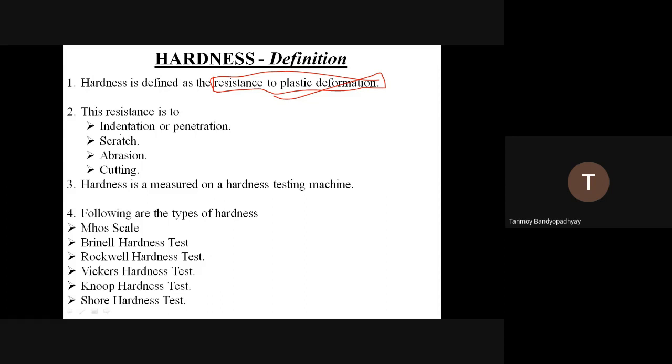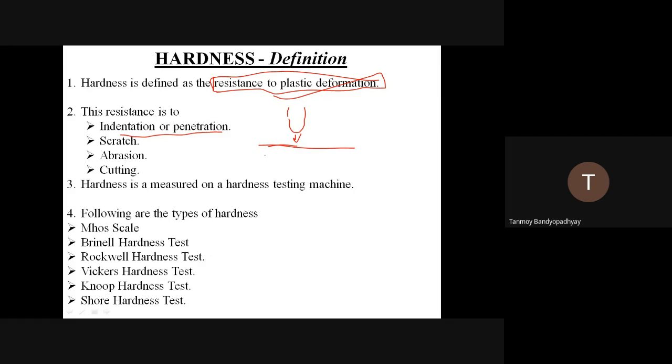We will only be studying the indentation or penetration hardness, where the specimen is indenting on the surface. If this is the surface, the indenter, whatever the shape of the indenter, is indenting into the depth of the material. This is the direction in which the load is applied, and this is the surface of the engineering specimen. So you will have some penetration.